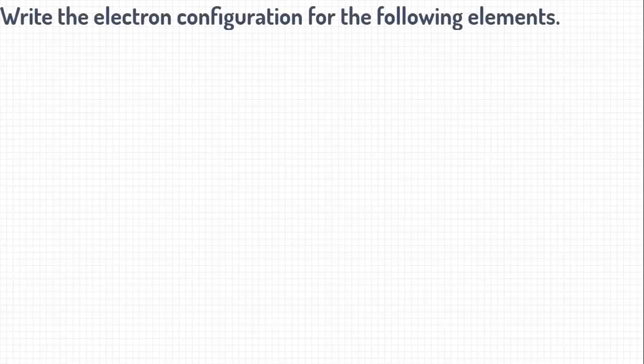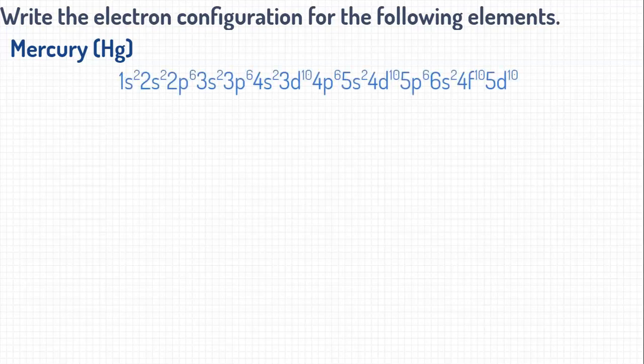So I want you guys to do these examples on your own. So you're going to write the electron configuration for the following elements. So do it for mercury. Here's your answer. Now do it for zirconium.